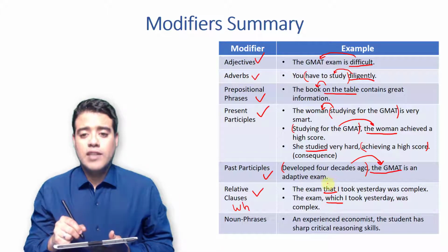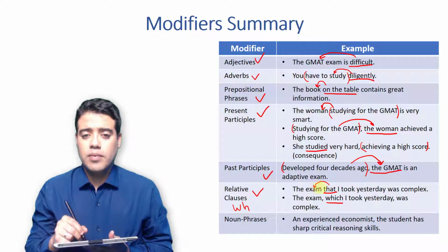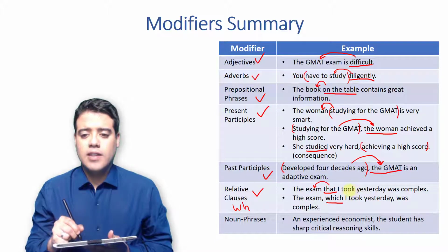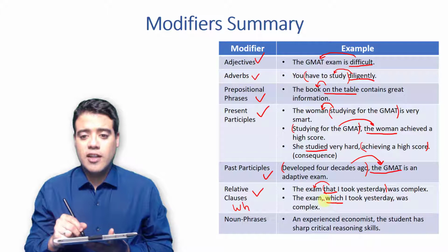The general rule is that relative clauses will describe the noun immediately before them, most of the time. So the exam that I took yesterday describes the exam, versus the exam, comma, which I took yesterday, comma. Notice that which is set off by commas. Which also describes the exam.